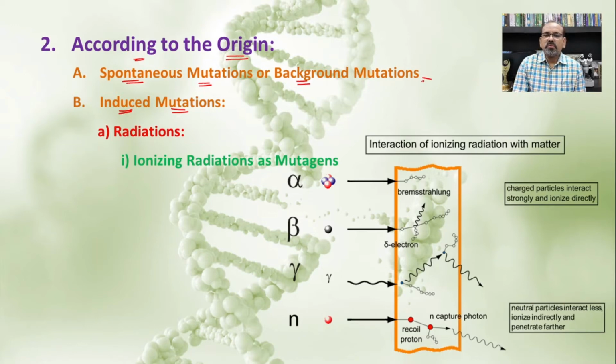Certain factors in the environment, like temperature, ultraviolet radiation, visible light, etc., are also responsible for natural mutations, and these are known as spontaneous mutations.